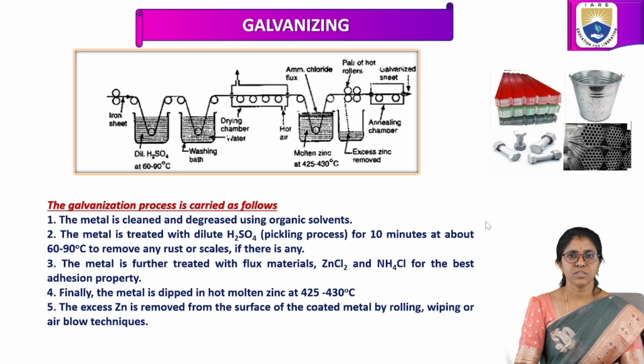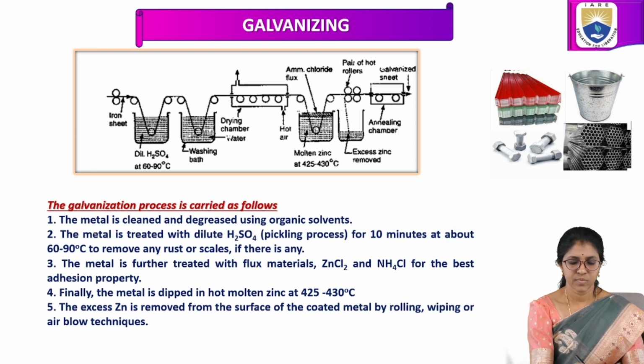Here is the galvanization process. First, the base metal which is to be coated is cleaned and degreased using organic solvents.